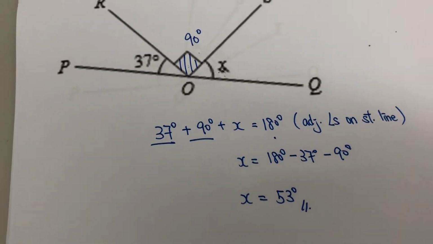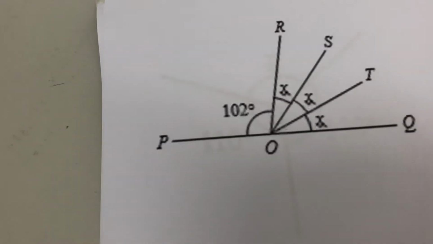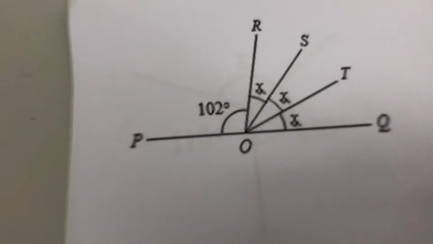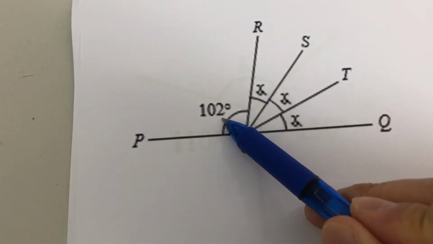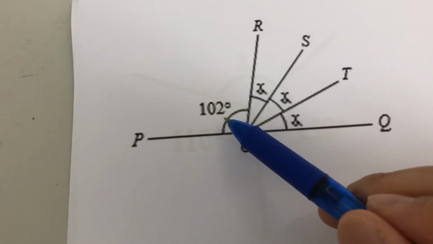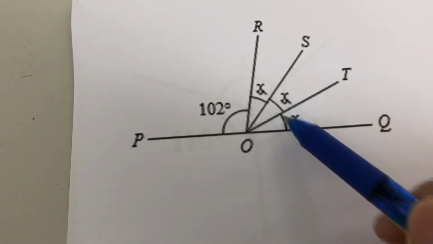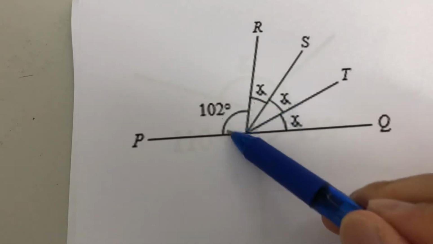And now let's look at the last question. This one. This time we have 102 degree, we have x, we have x, we have x. So altogether we have four angles. What happens if you add them up, these four angles?